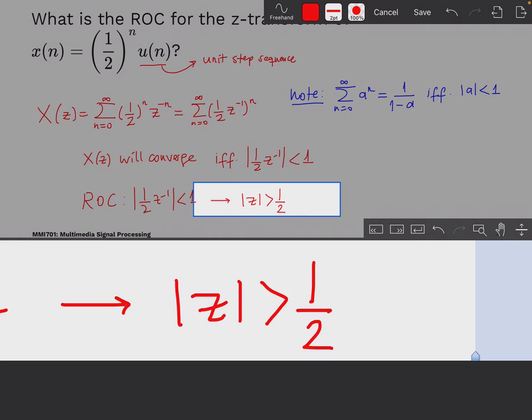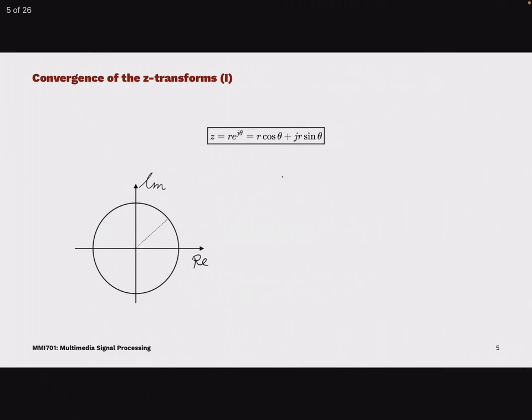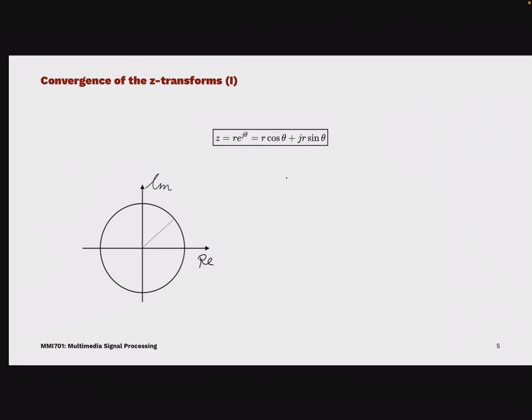Now we talked about the absolute value of z. Then you may be asking, what is z? We haven't defined z. I just told you that it's a complex number. As a matter of fact, it can be any complex number, which can be represented as in here.